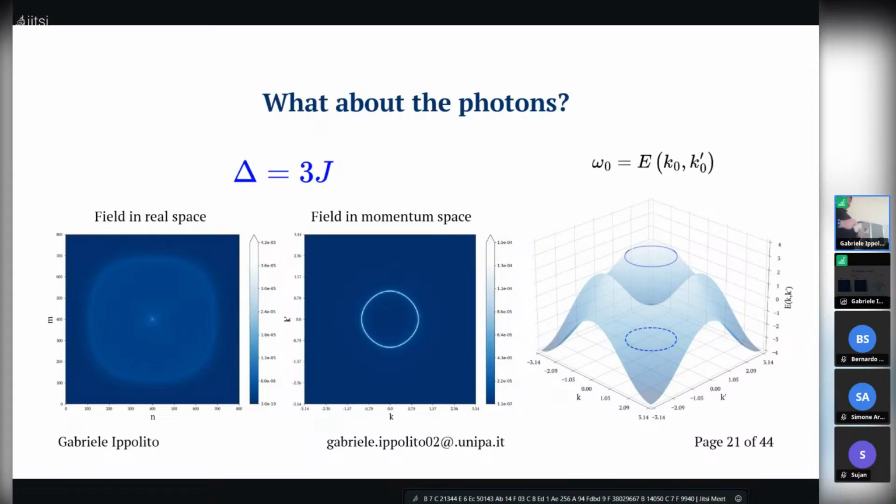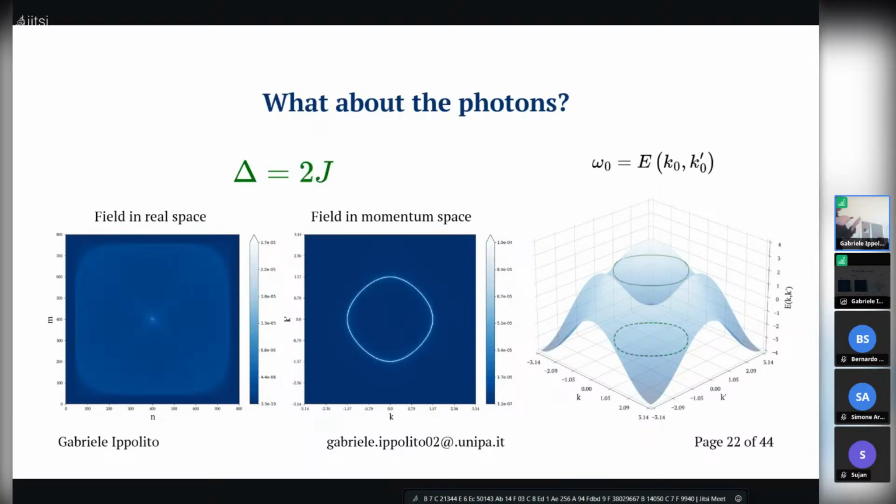And indeed, as Angelo said, this pattern here mirrors the isotropy of the two-photon band near its maximum. Okay, and the corresponding probability distribution in real space is isotropic.